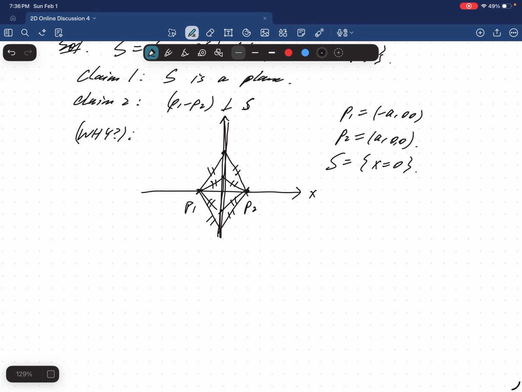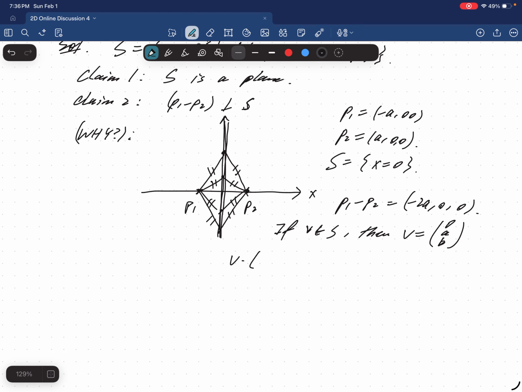And now, why is it the case that P1 minus P2 is perpendicular to S? Graphically, I think this is very easy to verify. And rigorously, P1 minus P2, in this case, is just going to be (-2a, 0, 0). And if V is in S, then V is of the form (0, a, b) for some numbers a, b.